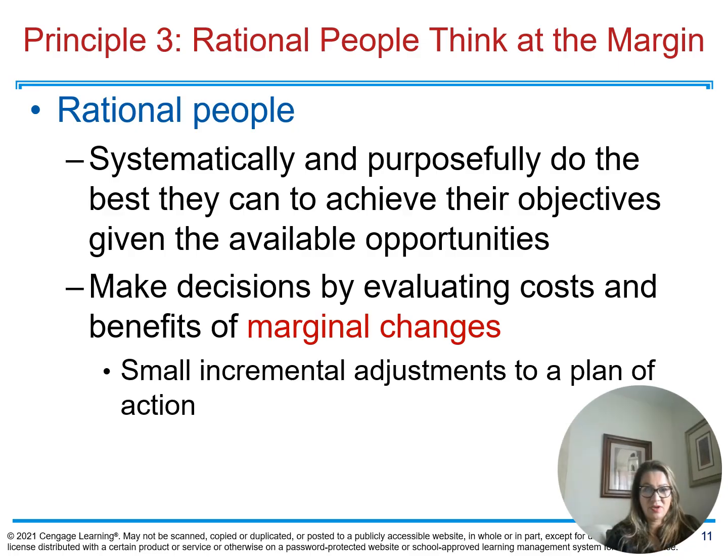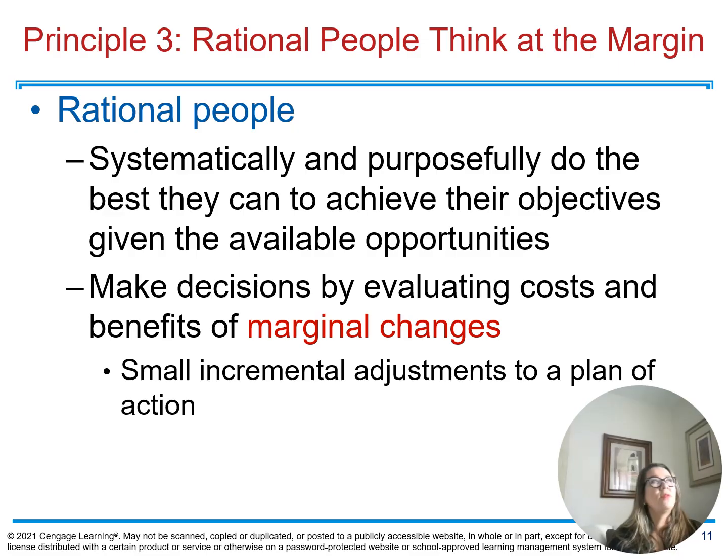So what is rationality? Rational people are systematically and purposefully doing the best that they can to achieve their objectives given the available opportunities and also given the available information that they have. So rational people make decisions by evaluating costs and benefits of marginal changes. So they make small incremental adjustments to a plan of action.